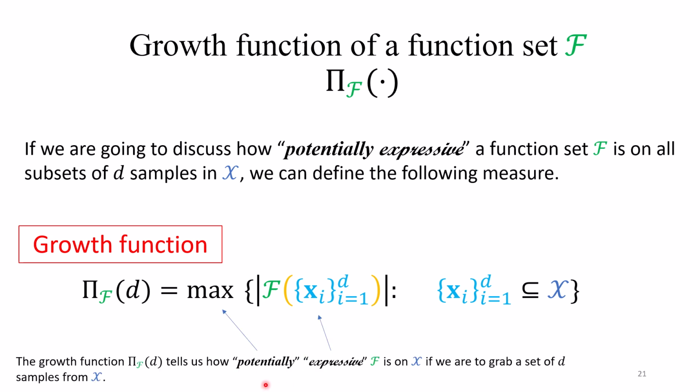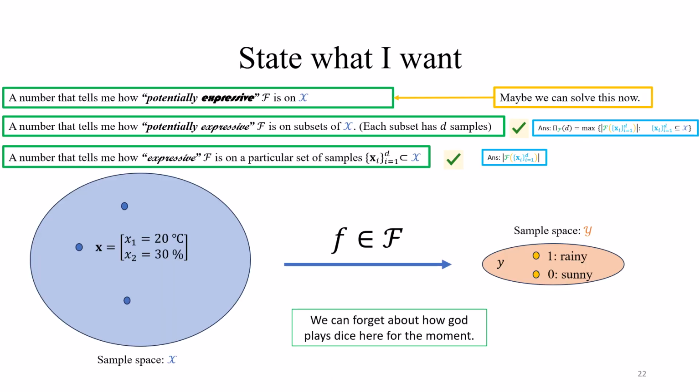So potentially means maximum, and the number of distinct outcomes represents the idea of expressive. So this definition of the growth function pretty much answers this question here.